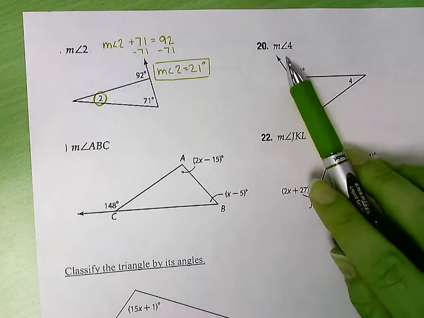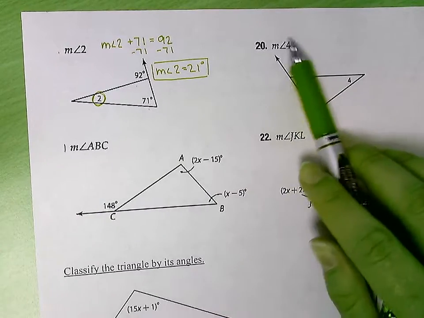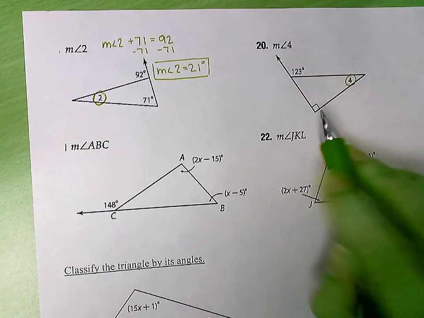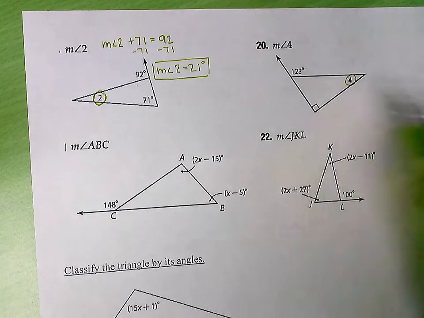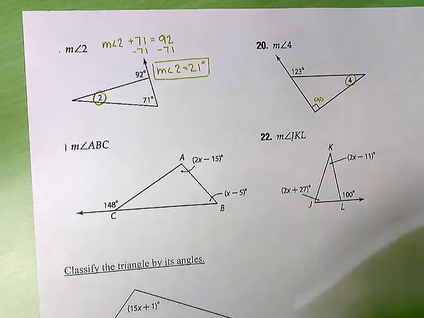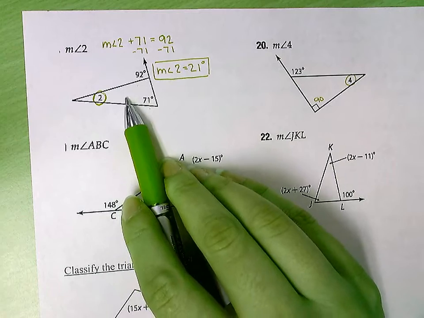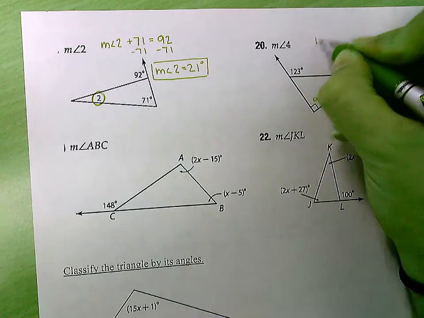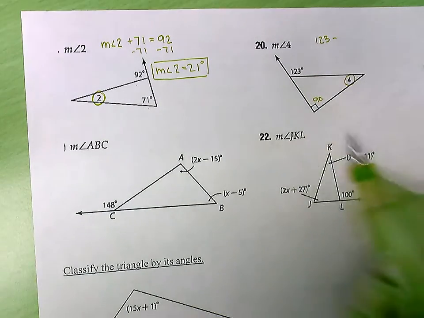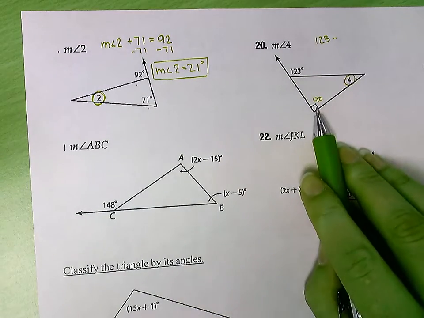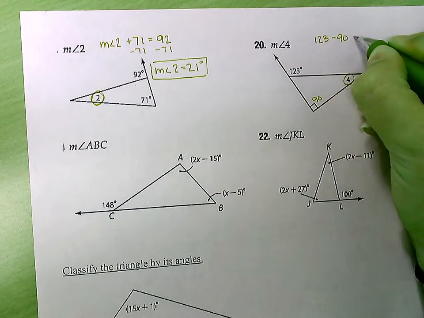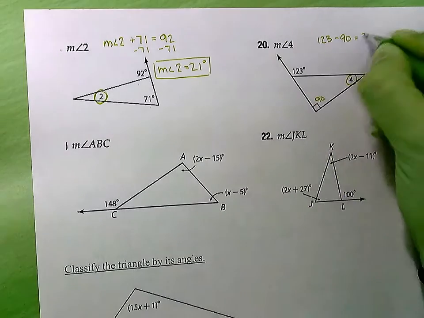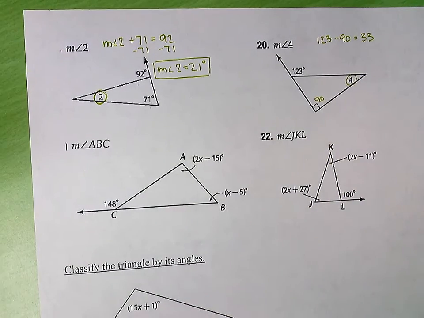Same thing here. We want to find the measure of angle 4. Angle 4 is right here. I know this angle is 90. So just like in this example, we can take our exterior and subtract our other remote interior angle to get our angle 4 here as 33.